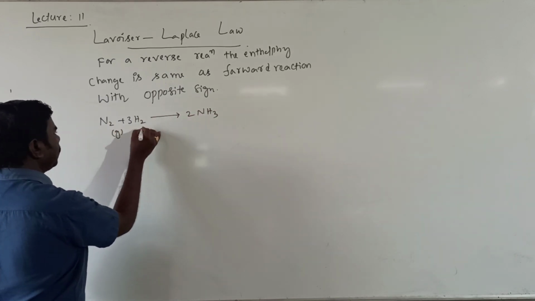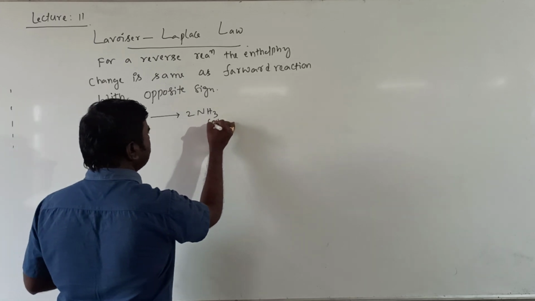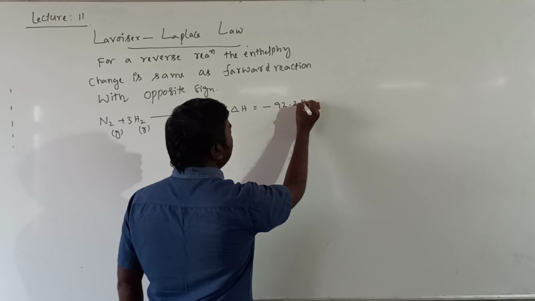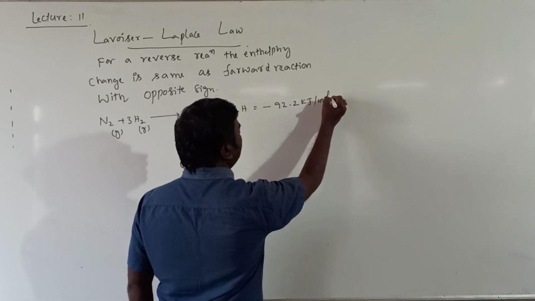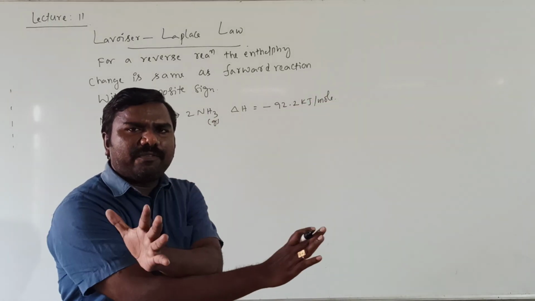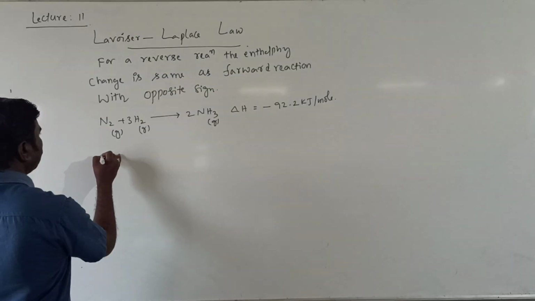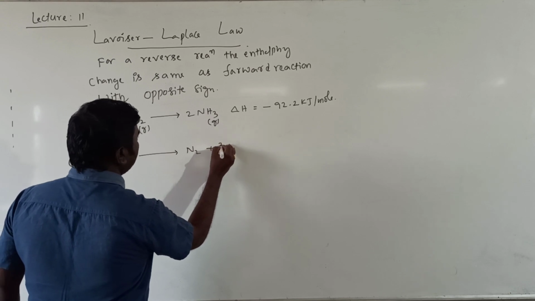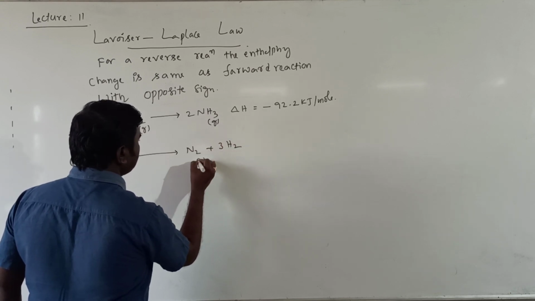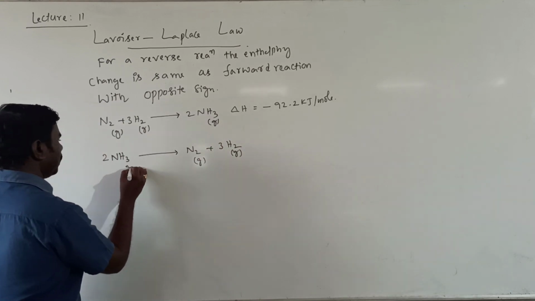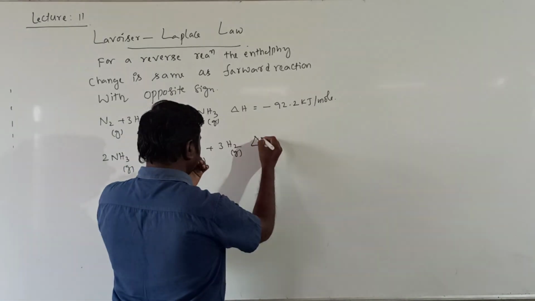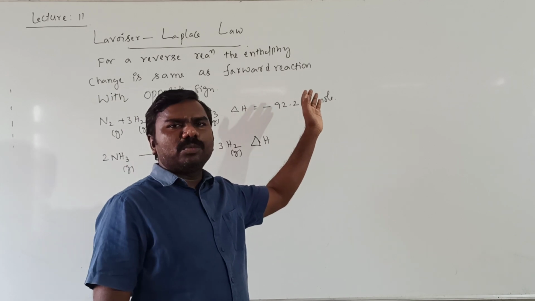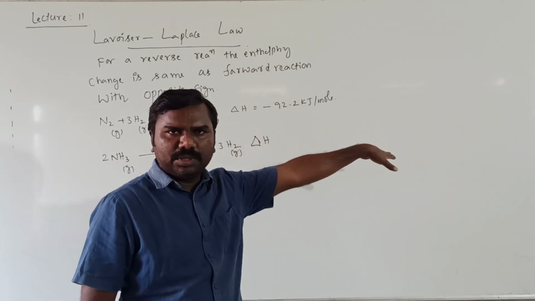All are gases. Delta H for this reaction is minus 92.2 kilojoule per mole. When I flip this reaction, 2NH3 gives rise to N2 plus 3H2, gas. Delta H for the above reaction, for the formation of 2 moles of NH3, is minus 92.2.